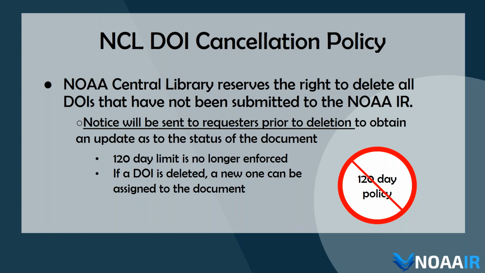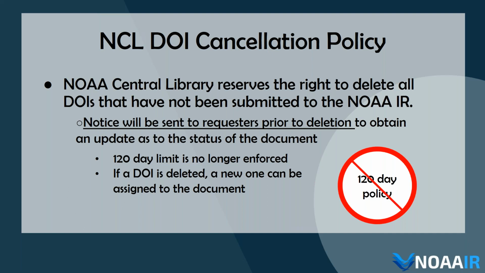And so this became an issue for setting up this 120-day limit, because if we can't accurately track submissions, or if things are submitted or not submitted, then we can't have full faith in taking actions on DOIs. And so we eliminated this policy for those two reasons.